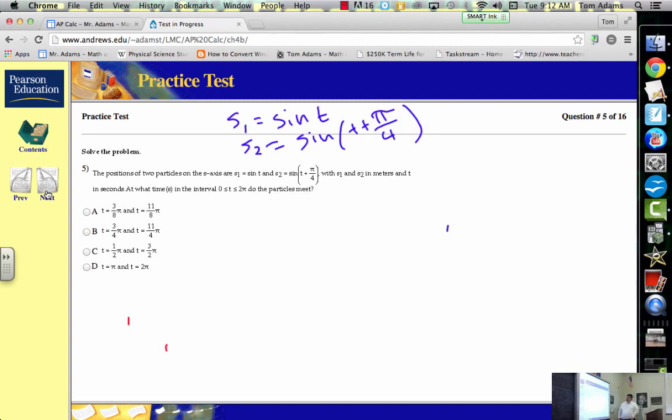Now these are technically parametric equations, but do I need parametric equations to figure out where they cross? No, not really. I could just graph these.